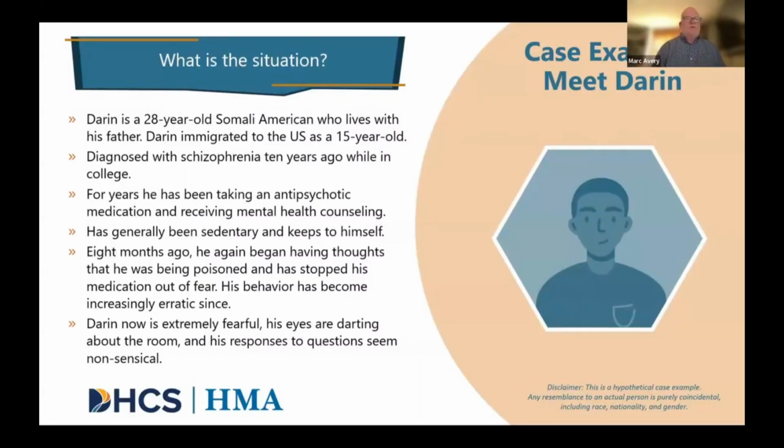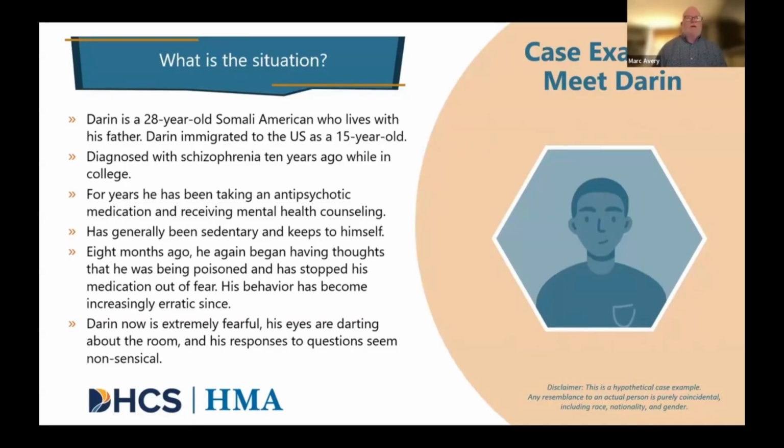His first symptoms were persecutory thoughts and hearing voices around the school administration where he was going to school. Prior to this symptom onset, he was quite successful academically, but unfortunately these symptoms resulted in him dropping out of college.